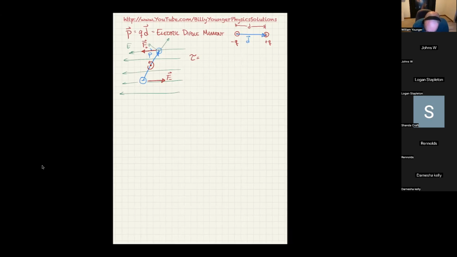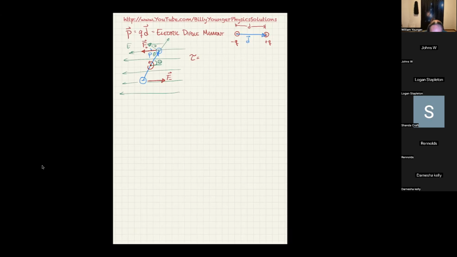Let's say also that this angle right here is theta. And I think from that, you can see that this angle would be, if I call that angle theta, yeah, that works. Then this angle will also be theta. And this angle over here on the little green vector that I'm drawing up there, that would be 90 minus theta. Which means this guy, if I drew it again this way, this would be theta.